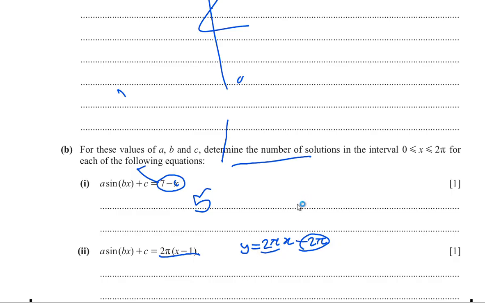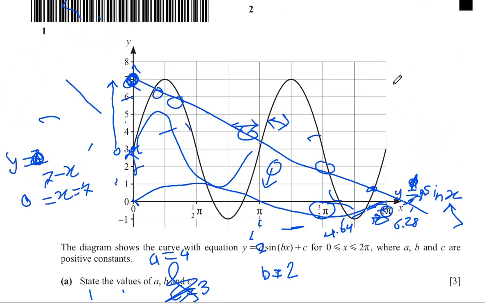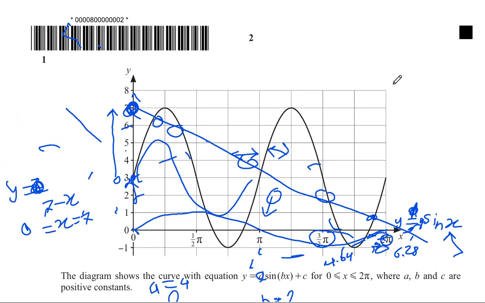So we have to figure out where that line lies. We have y-intercept of minus 2 pi and a gradient of 2 pi. So how will that line be?